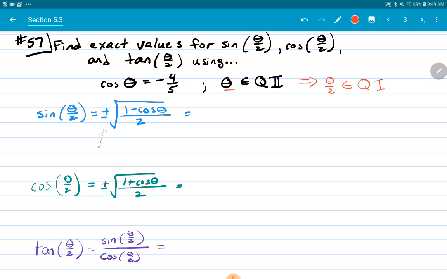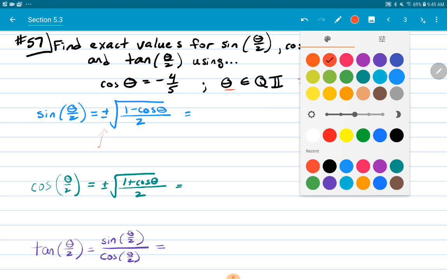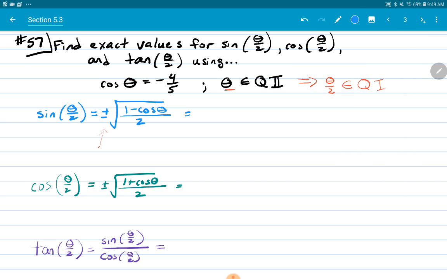So knowing that, I can drop that negative sign and just use the positive square root of 1 minus the cosine of theta, which is negative 4/5, all over 2. And simplifying that, I'm going to change that 1 to 5 over 5, so I get a common denominator.